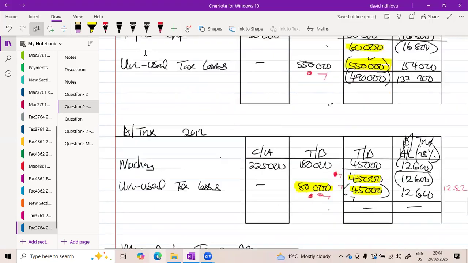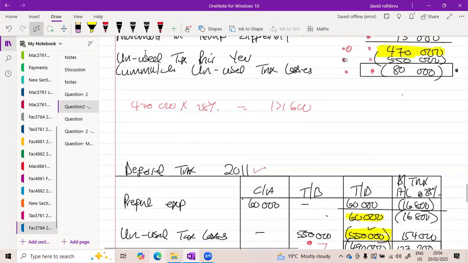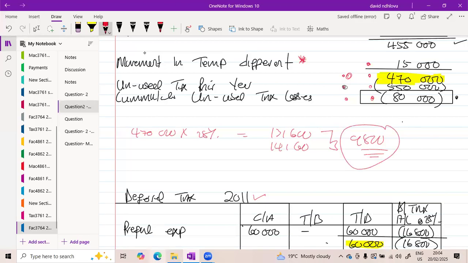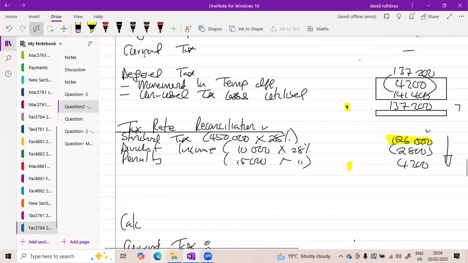Right. But we ended up with 141,600, which gives a difference of 9.8. We need to account for this because this extra amount is recognized here, but it was never recognized there. We did not account for that because there we accounted for the 47.